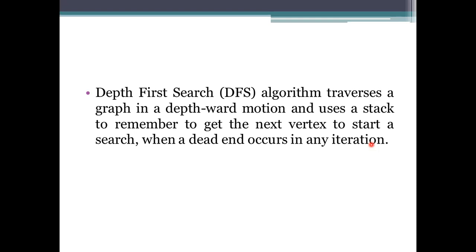So how we are going to traverse: first we need to visit an adjacent node, and if there is an adjacent node for that vertex, we will start traversing to that adjacent node.